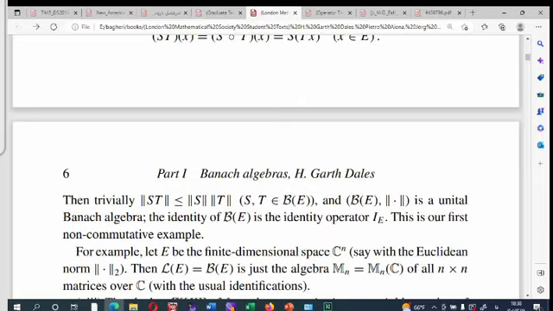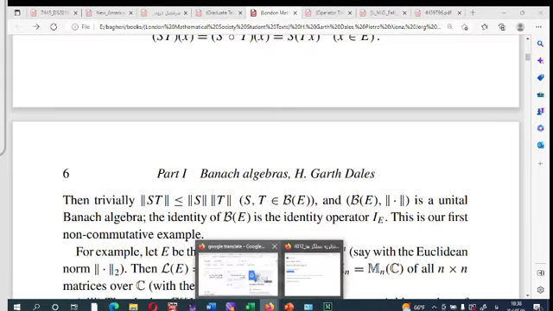For simplicity, in the book we don't write the composition operation. Okay, this is ST. So this norm is an algebra norm.